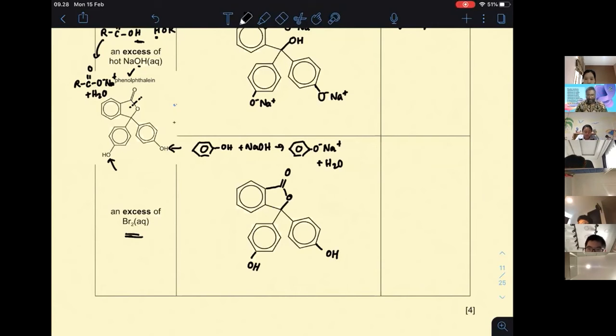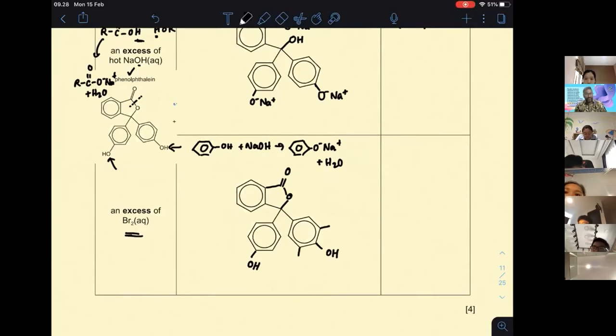But the position, because this is OH, they are 2, 4, 6 directing. So this is position 2, position 4 is taken, then 6. So you just need to put the Br here, Br here, Br here, Br over here.